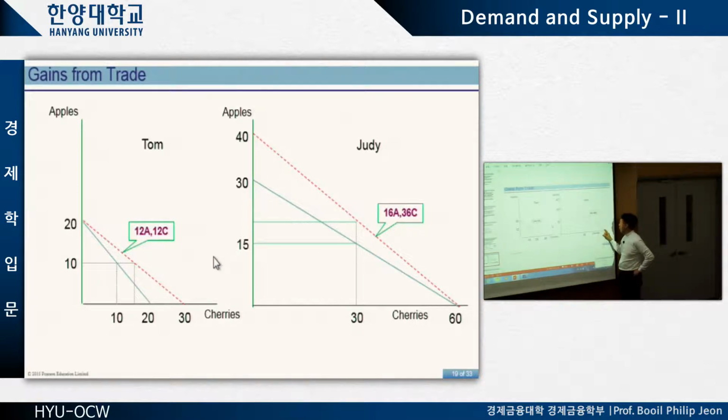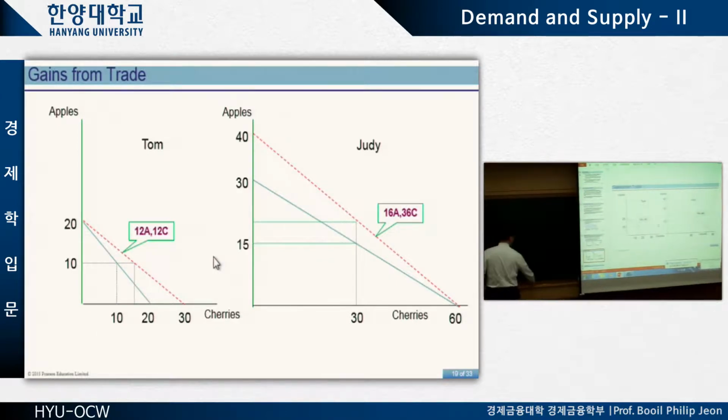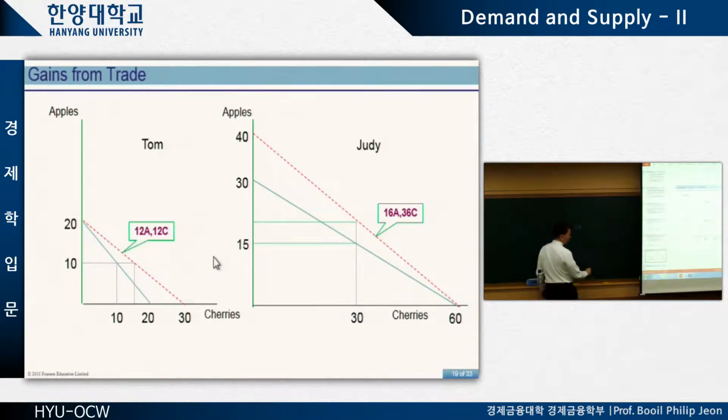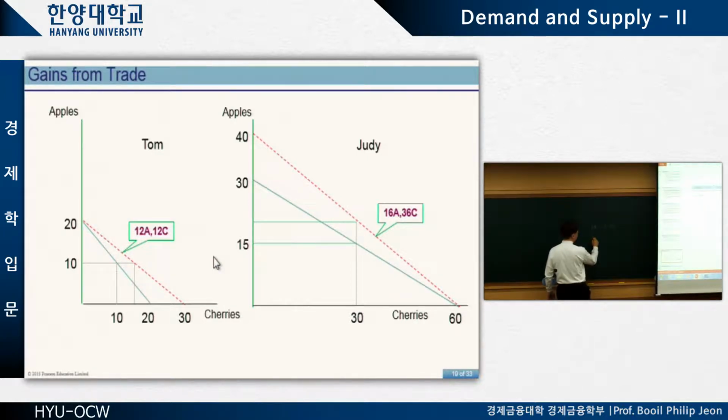Or she can trade and be at any combination on this line. For example, let's say 45 here. And remember, the terms of trade between Tom and Judy was 1 apple to 1.5 cherries, or that means 2/3 apple to 1 cherry.